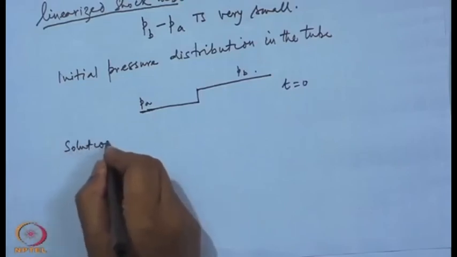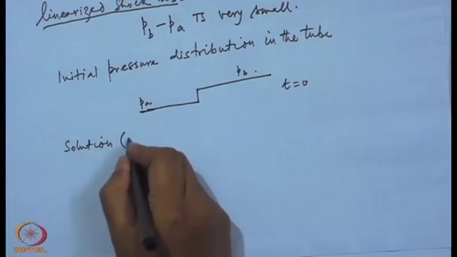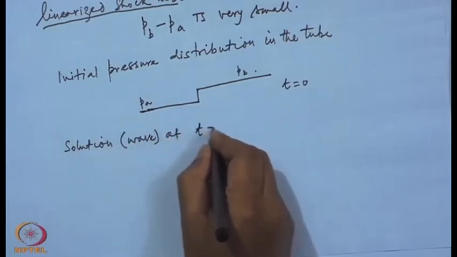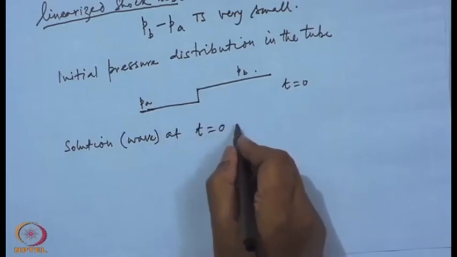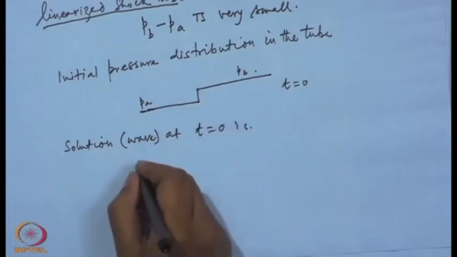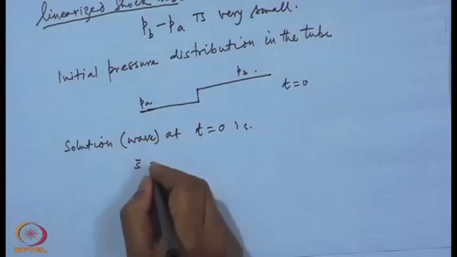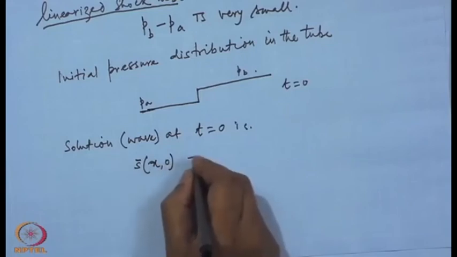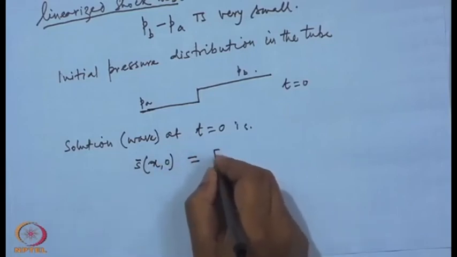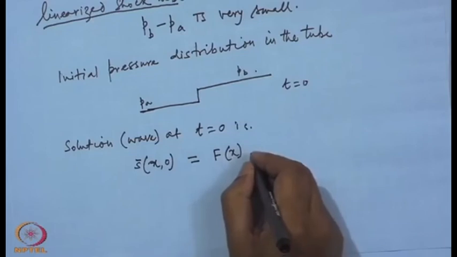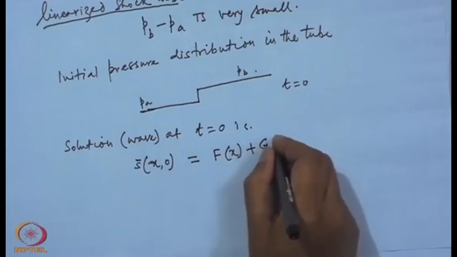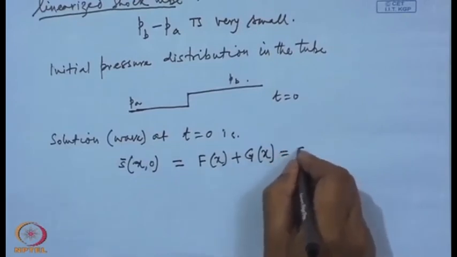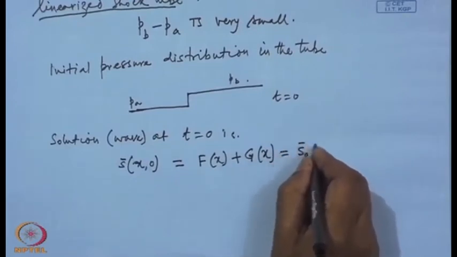Let us say at time t equal to 0, the solution, that is the wave at t equal to 0, is S bar at x, 0 equal to f x plus g x, and we call this S 0.